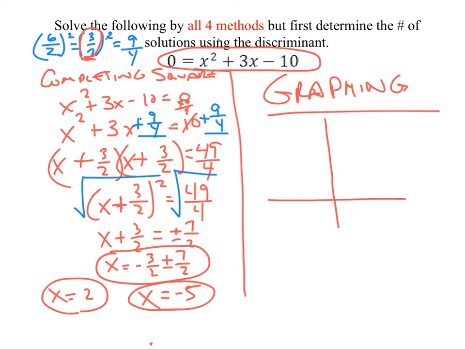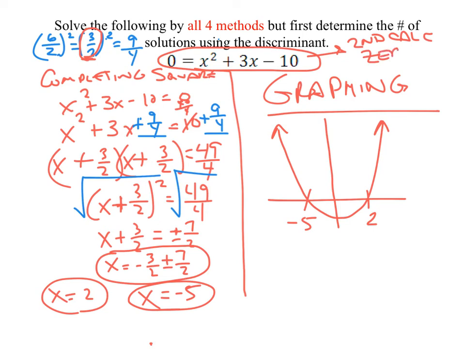And you're going to be looking for the two intercepts, or the two zeros. And we should see that it's going to cross the x-axis at 2 and at negative 5. So once you graph this, you're then going to go to second calc and go to 0, which is number 2 in that menu.